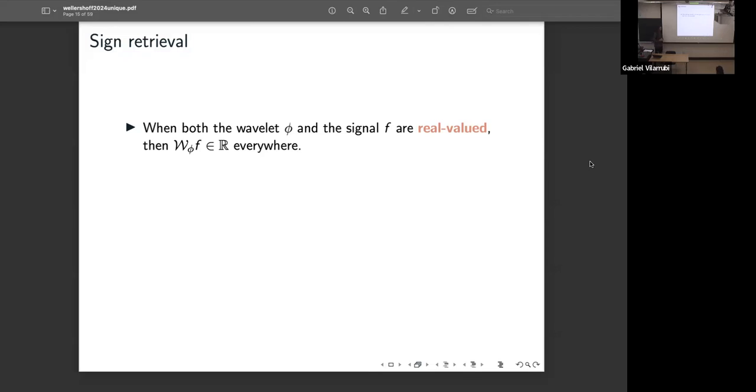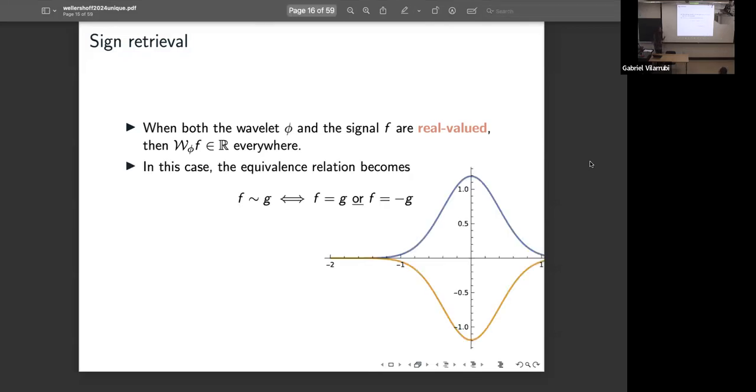So in order to recover that information, you're only recovering sign information, and we will talk about sign retrieval. Now it also has an impact on this equivalence relation, because once you know that f and g are real valued, the only two options you really have are that either f is equal to g or f is equal to minus g. And this is going to play quite an important role later on, but it's a simple statement.